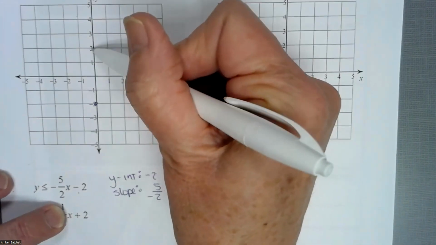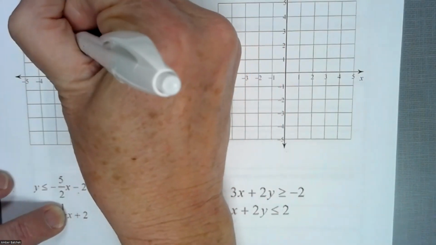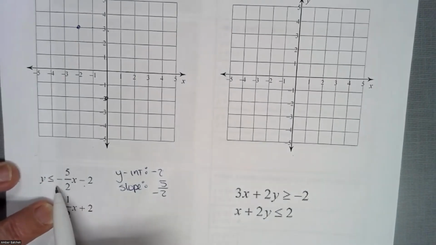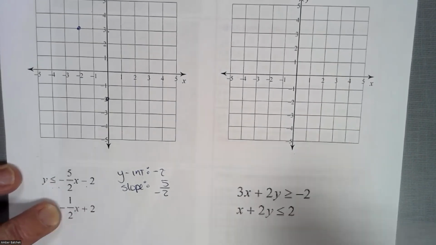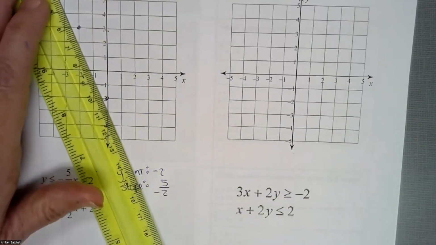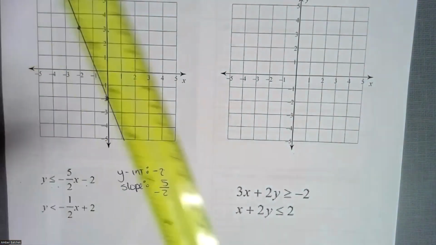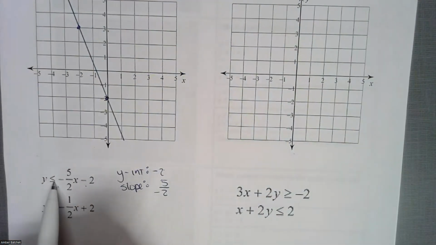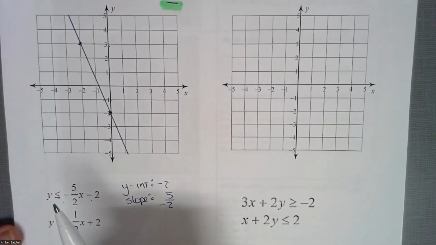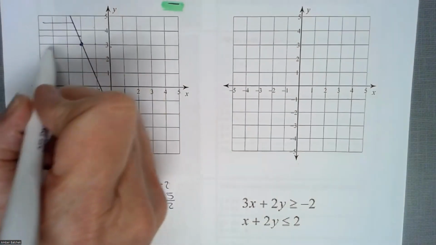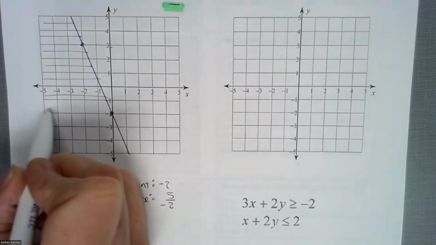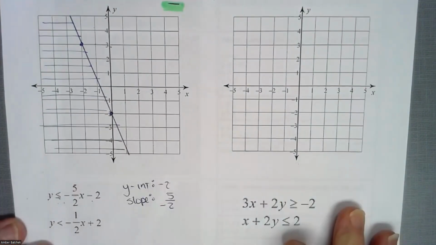So 1, 2, 3, 4, 5, and to the left 2. This is a solid line because we have an equal to bar on our inequality. And this is less than, so we are going to shade below the line. And I'm going to do this lightly, and you'll see in just a second why we're doing it lightly.